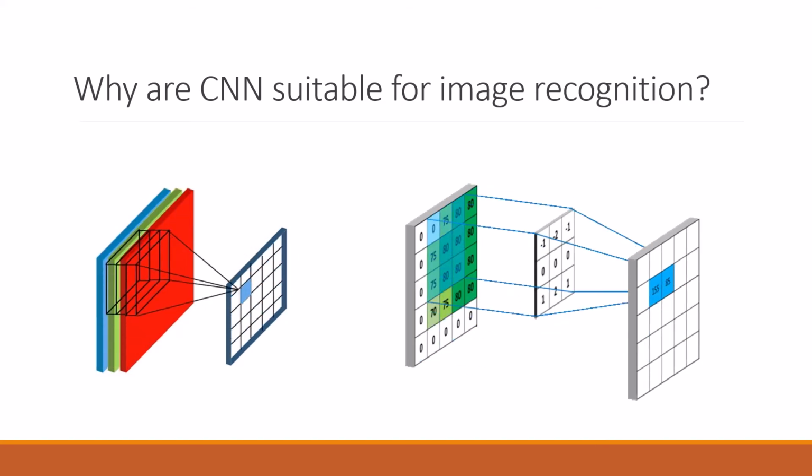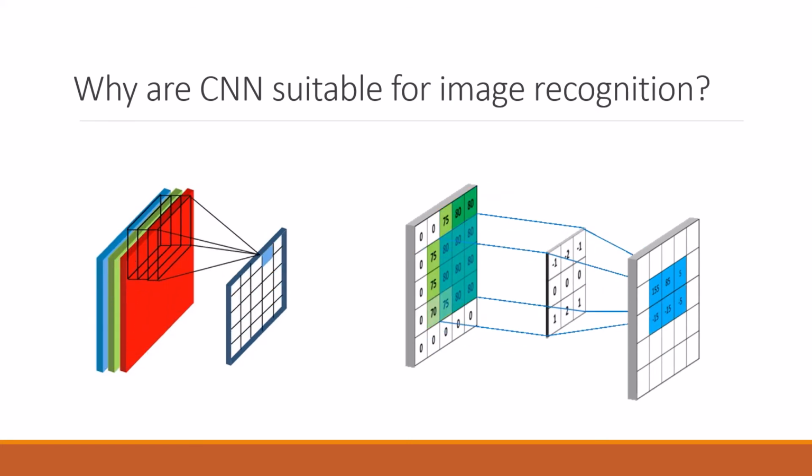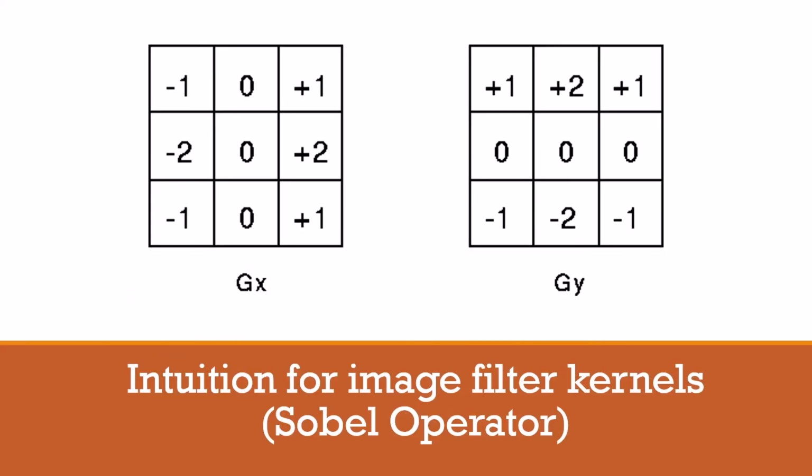But what's so special about filter kernels? For example, if we were to run the two simple 3 by 3 filter kernel matrices shown across an image, we can emphasize the edges of the image. The filter kernel Gx emphasizes vertical edges, while the filter kernel Gy emphasizes horizontal edges by using sharp changes in intensity as we go across the image.